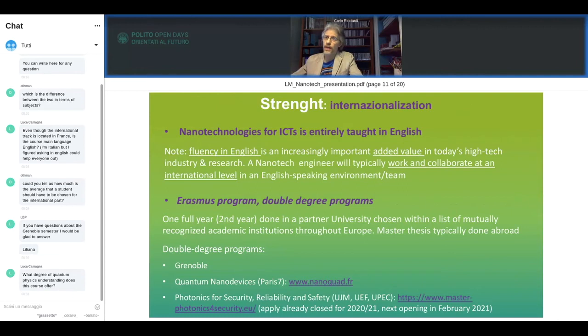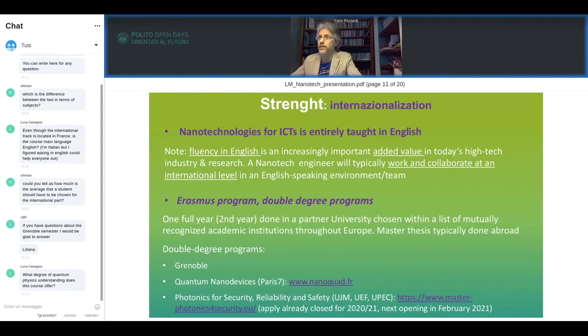So I was saying about internationalization. You need to be fluent in English. You need a B2 certificate. This year you have one year more to get it, but apart from the certificate, it's really important that you are fluent in English. I would say it is really needed for today's high-tech industry.